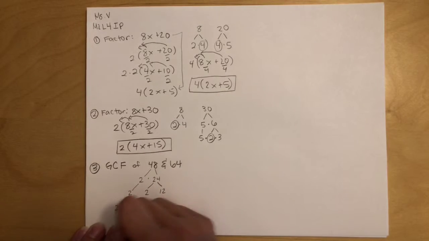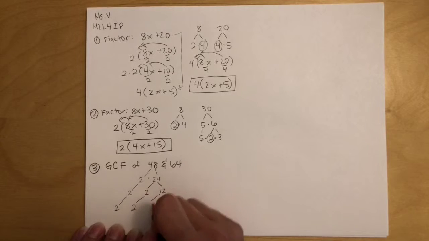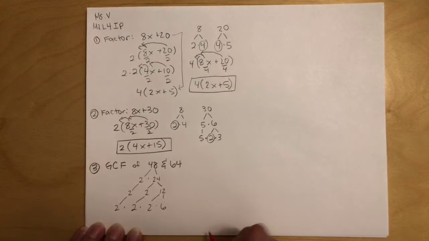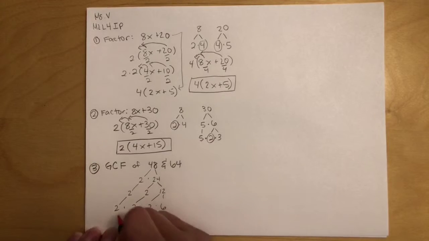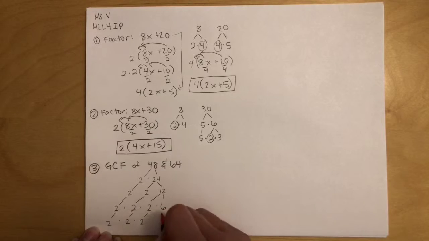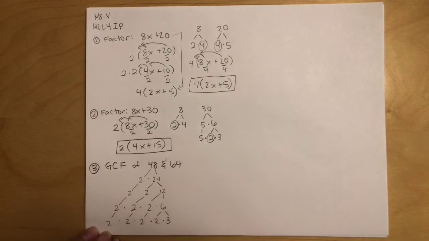We'll take this down even further. 12 is 2 times 6. We could keep going. That's 2 times 2 times 2, and then 6 is 2 times 3.